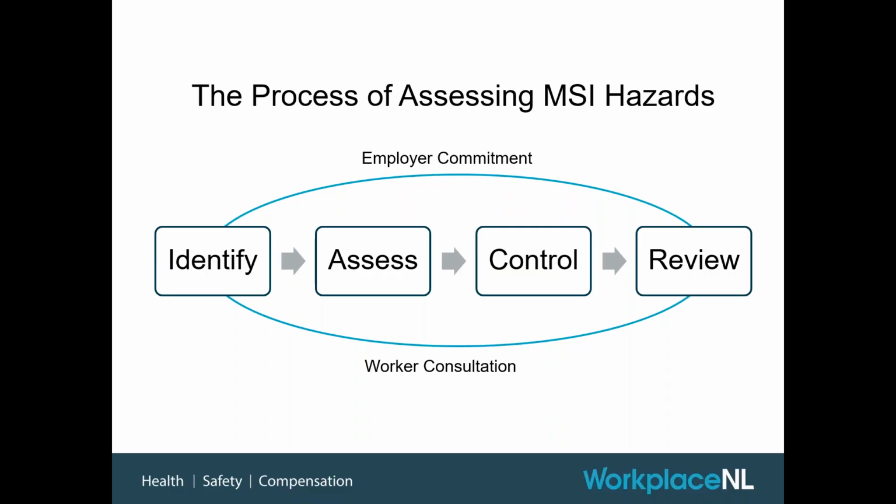If workers are reporting signs or symptoms, or they're reporting concerns of potential hazards, then you may want to prioritize those tasks and start there. If you don't have claims, you don't have any reports of signs or symptoms or hazards, then where would you start? Well, you can look at if you're implementing a new process or a new activity. If you're just about to start these activities, maybe you conduct a hazard assessment. That's the first one you'd do.